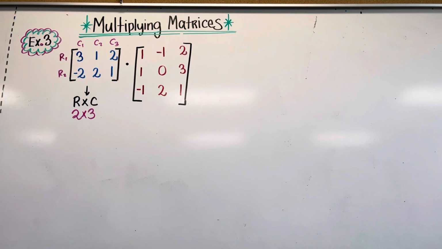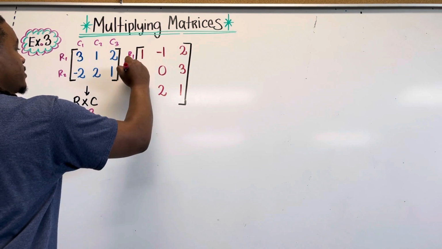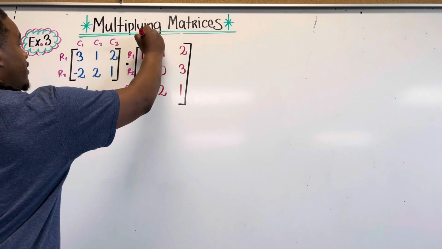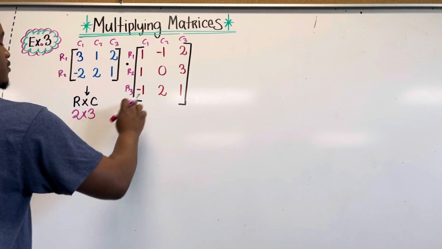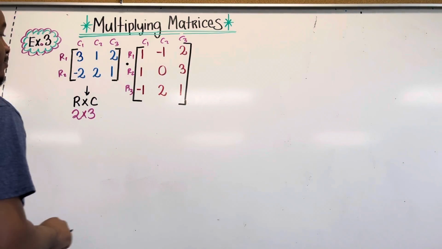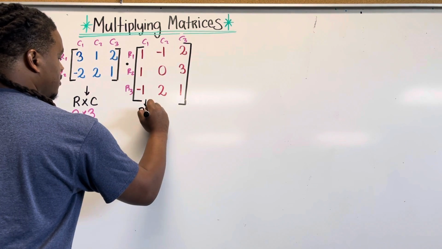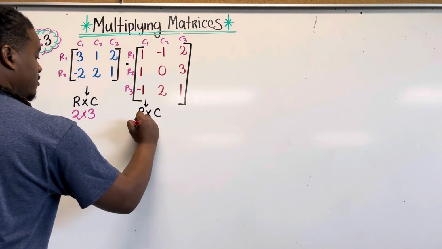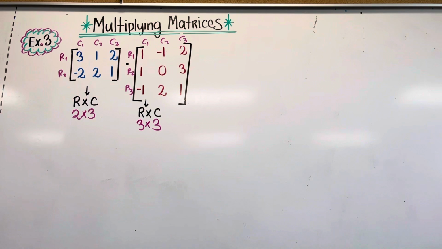Now let's go over here. This matrix has 1, 2, 3 rows and 1, 2, 3 columns. So this is a 3 by 3 matrix when it comes to rows versus columns.